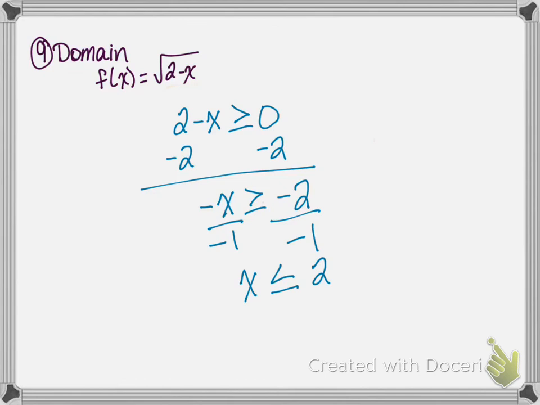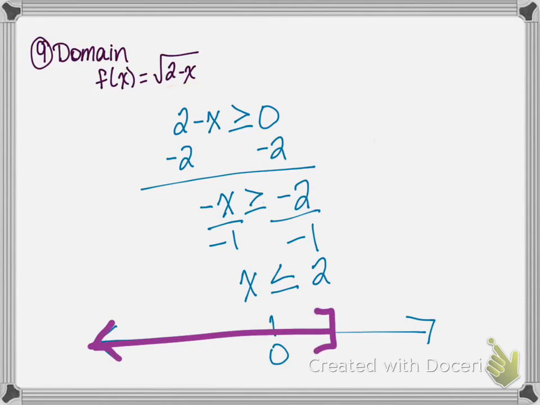You don't have to graph it, but when you do graph it, it's helpful, because we start here at negative infinity, and we go to positive 2. And that's our domain for that one. That's the one that we did in class today. We did that problem, or one similar to that one, in class.